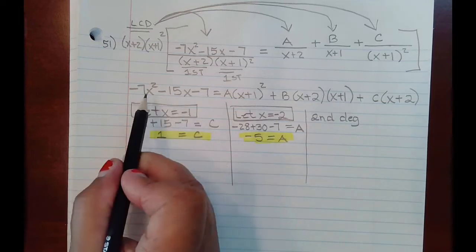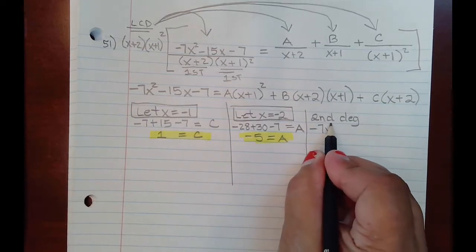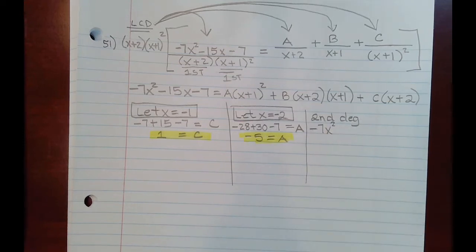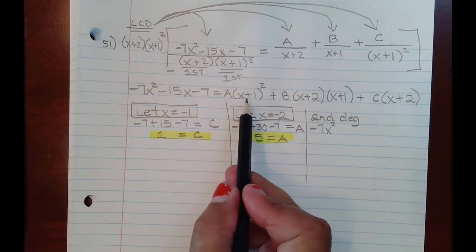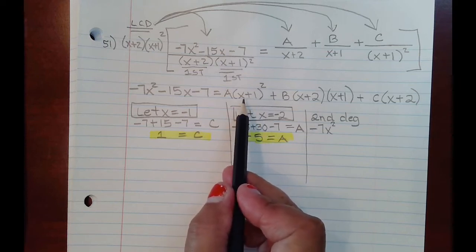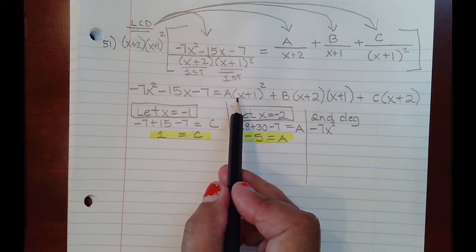So the second degree term here is -7x squared. Over on the right hand side, now you don't need to completely FOIL this out, but if you did begin to FOIL this out, where you would go x plus 1 times x plus 1, the very first term would be x squared. You only need to worry about that term because we're only comparing second degree terms.